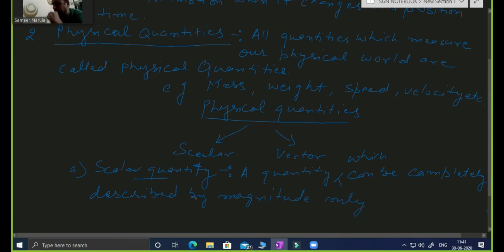That means there is no need of direction at all.